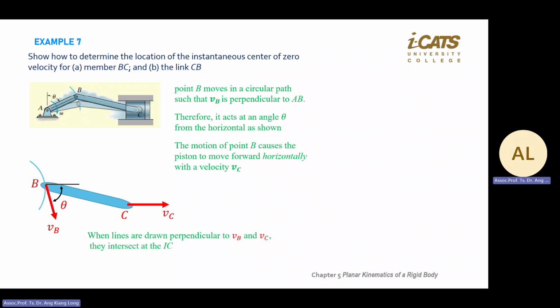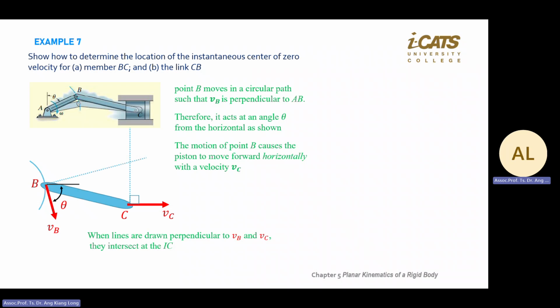You draw a line to here or to here. You can draw two directions. Your objective or your endpoint is to find the intersection point. So here, you align the base of your ruler here, and then you draw up or down. So you will see the intersection point on one side of the body. Okay, like this.